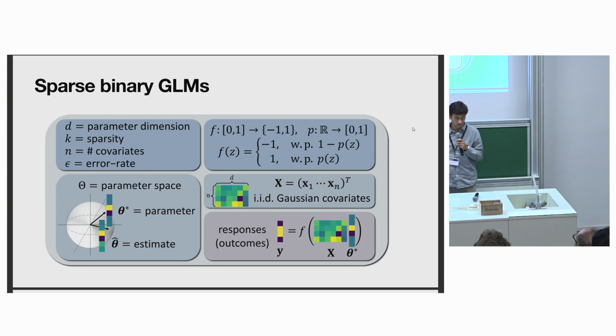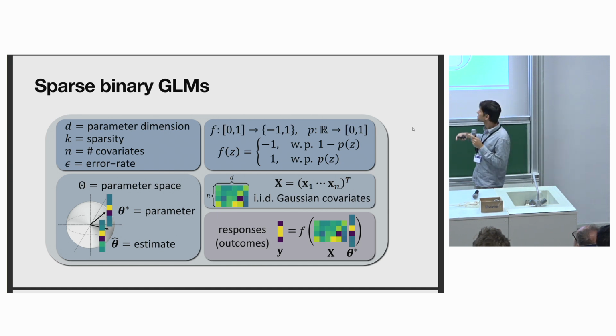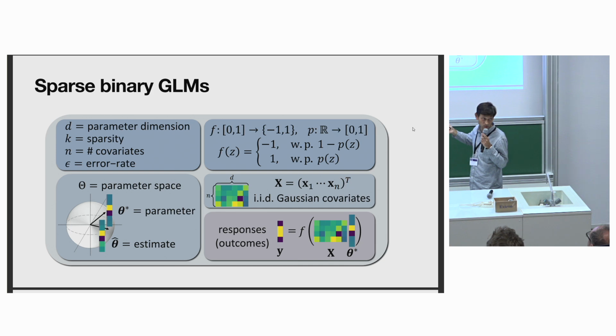That's going to be called the error rate. d is the parameter dimension, k is the sparsity, and k is usually much less than d. n is the number of samples. We will come up with an algorithm so that we get this theta hat. It's the same as the previous talk. We will not assume knowledge of the link function either.